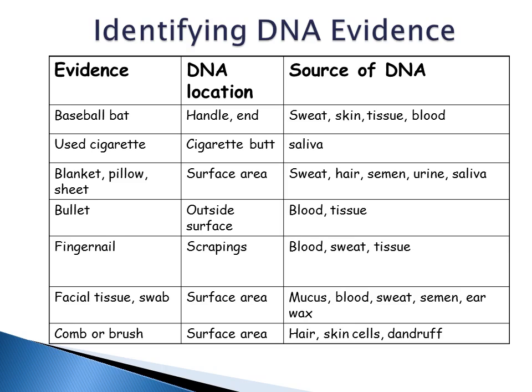So, in a baseball bat, the source of the DNA is going to be sweat, so you're going to have skin cells, possibly white blood cells from a blood specimen, tissue cells, and you're usually going to find that DNA at the handle of the bat where someone was holding it, and possibly blood and tissue from the victim at the end of the bat where maybe that bat was used to beat someone.